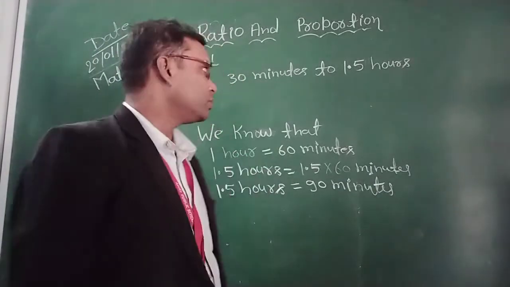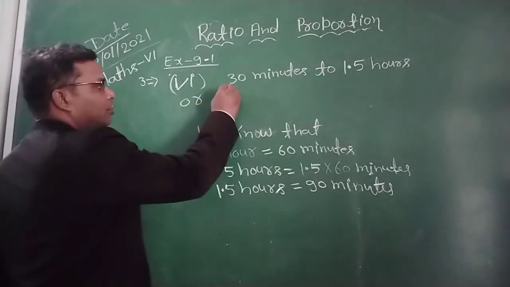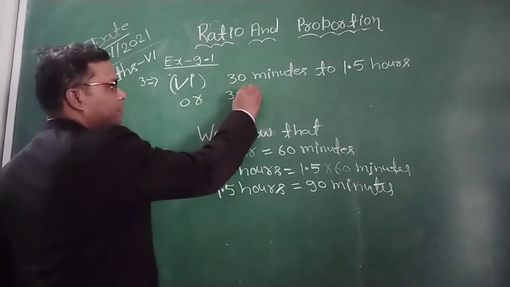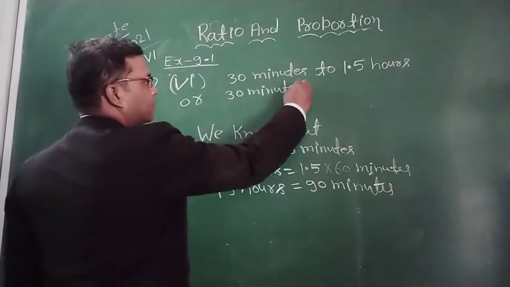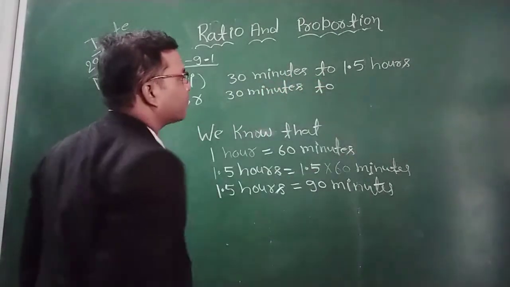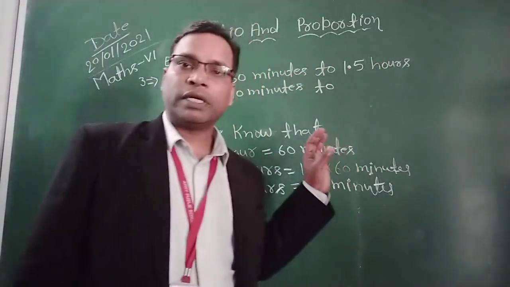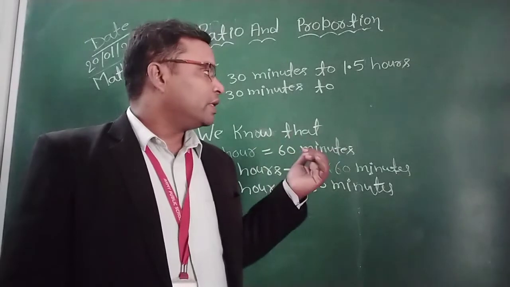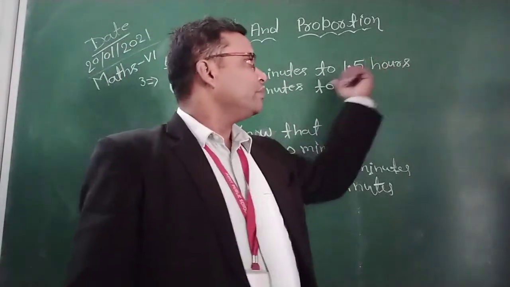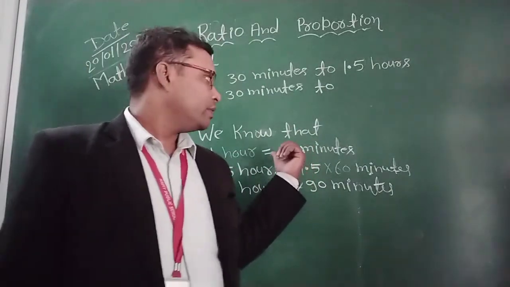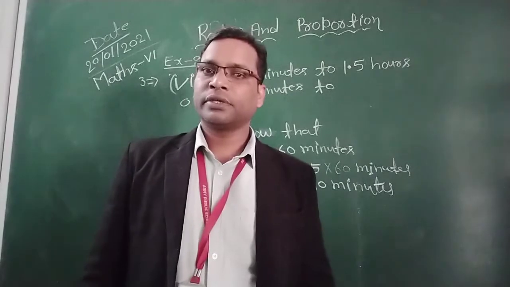Okay, so we need to find the ratio of 30 minutes to, here you can see this is minutes and this is hours. So the quantities are not the same, so we convert hours in minutes or minutes in hours. So here we convert hours in minutes, because you know very well that 1 hour is equal to 60 minutes.